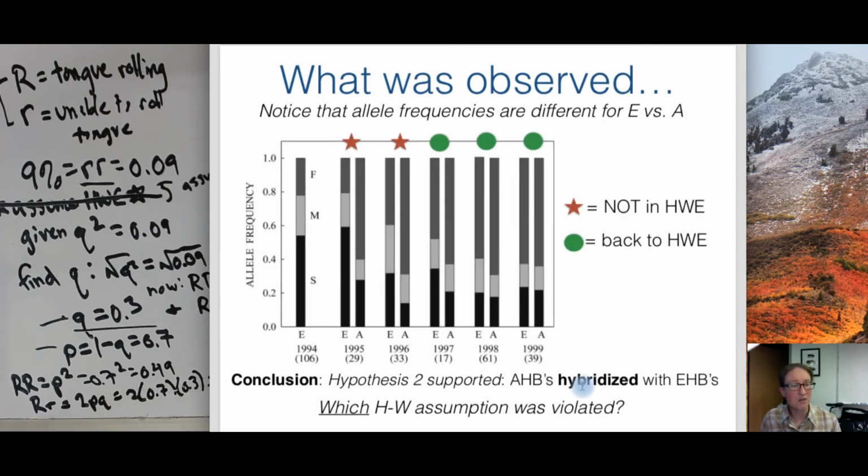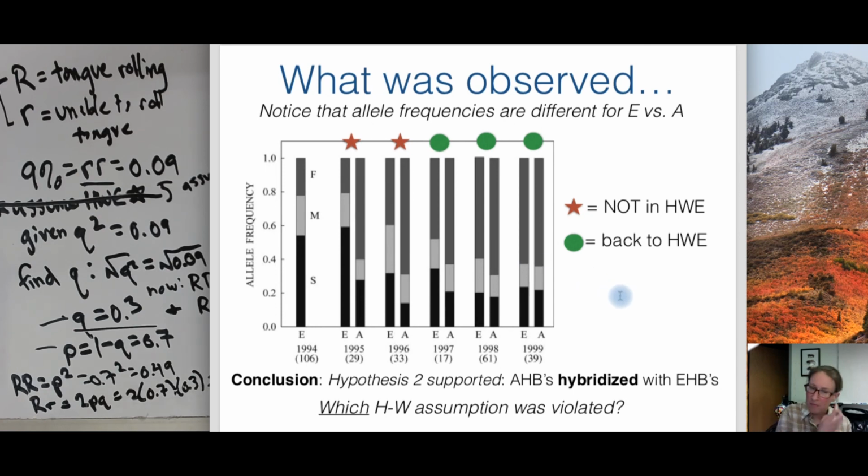So here is what was found. Immediately after the Africanized bees arrived, what they found was for the first couple of years, the bee varieties were not in Hardy-Weinberg equilibrium. But by 1997, what I hope you can see here is the allele frequencies have started to merge between the two bee strains, and they actually went back into Hardy-Weinberg equilibrium after that.